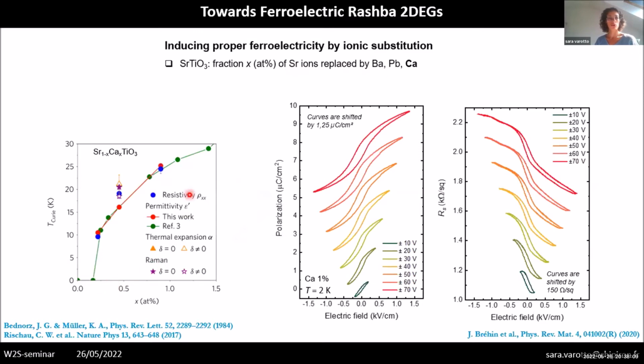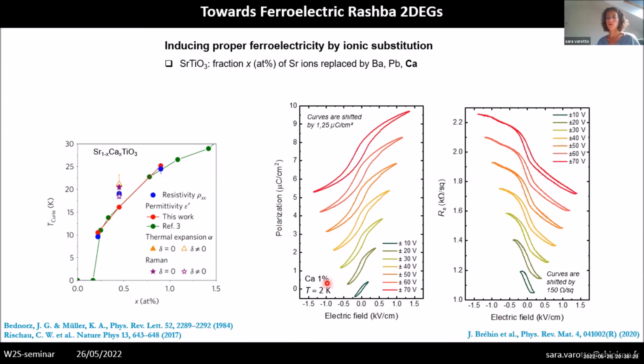For calcium, it has been shown by Van Benthem in his paper that already with 0.25% we can stabilize the ferroelectric phase below 10 Kelvin. And these results have been reproduced in our group, shown in this publication.